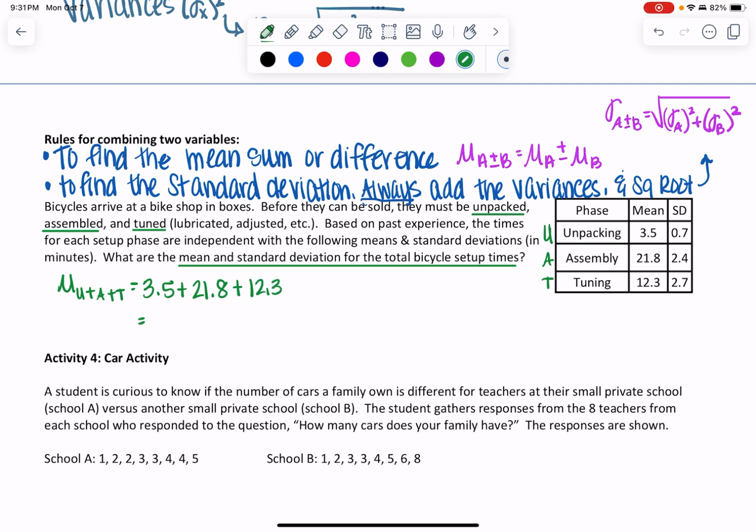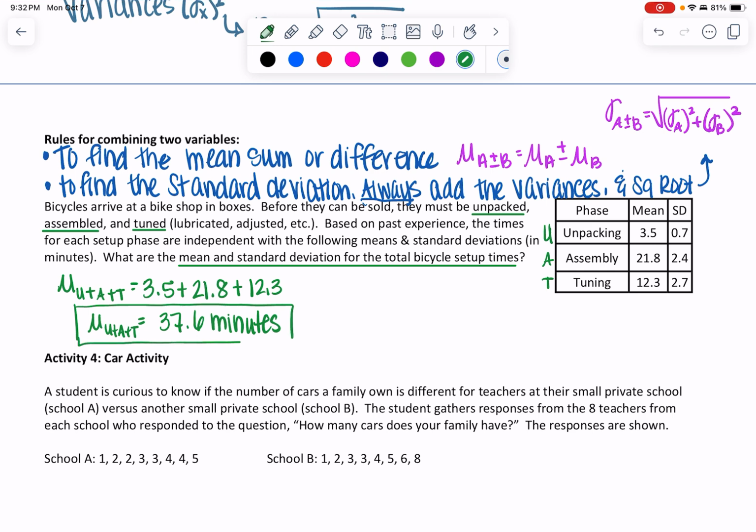So that means for a total, our mean of U plus A plus T is 3.5 plus 21.8 plus 12.3, which is 37.6 minutes. So there's the first half of what we asked for.